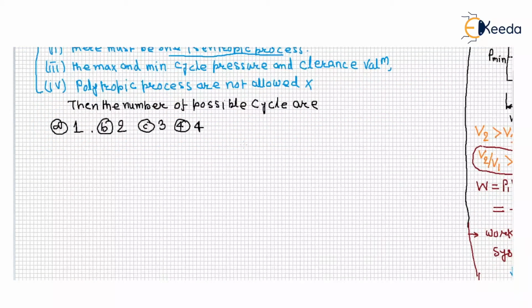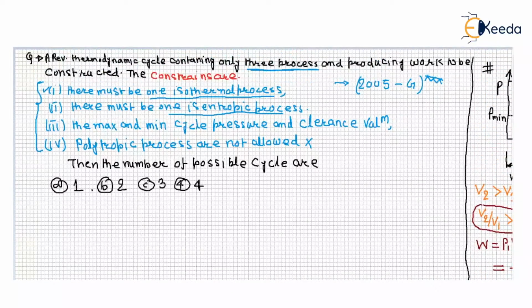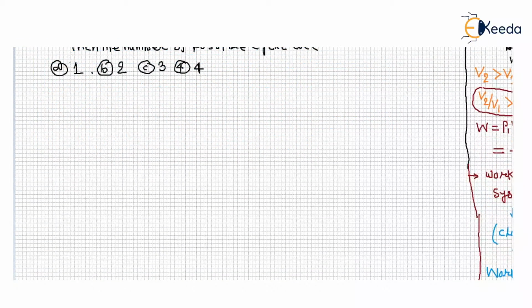See, if we design a cycle for these two processes, that means in which one is isothermal and one is isentropic. An isentropic process is nothing but a reversible adiabatic process.